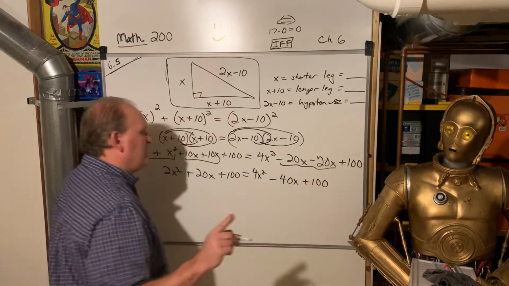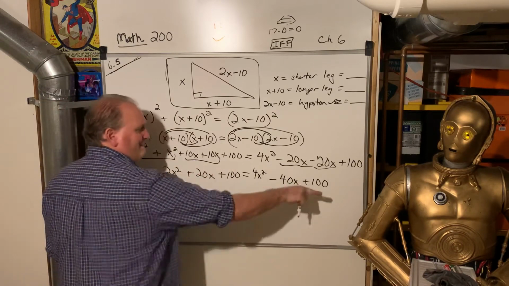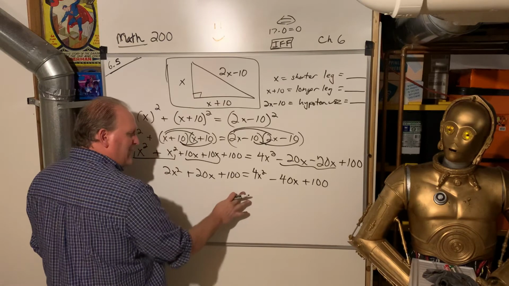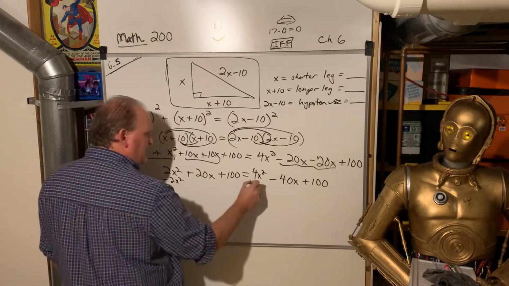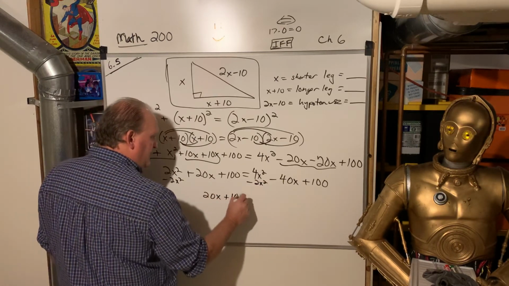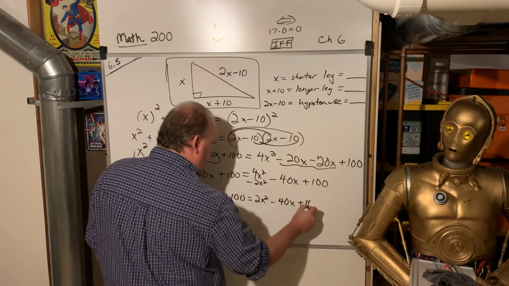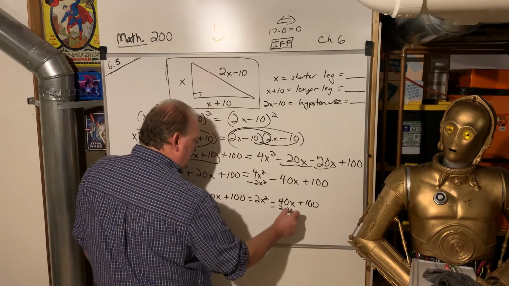And so now I'm going to make an interesting move. I'm going to move everything to this side instead of to this side because I want my positive x squared, okay? So I'm going to go minus 2x squared, minus 2x squared. That's 20x plus 100 equals 2x squared minus 40x plus 100. Then I'm going to go minus 20x, minus 20x.